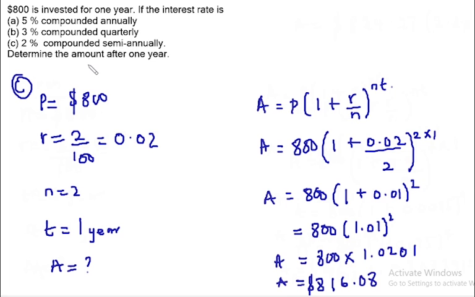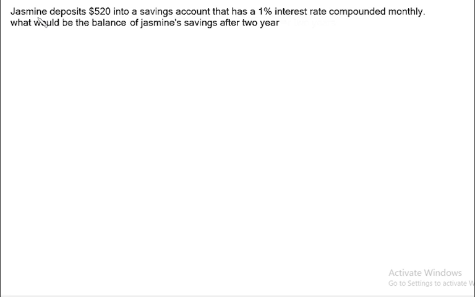Let's take another example. For this question, we are told that Jasmine deposits $520 into a savings account that has a 1% interest rate, compounded monthly. What would be the balance of Jasmine's savings after 2 years? We look at the important given values.